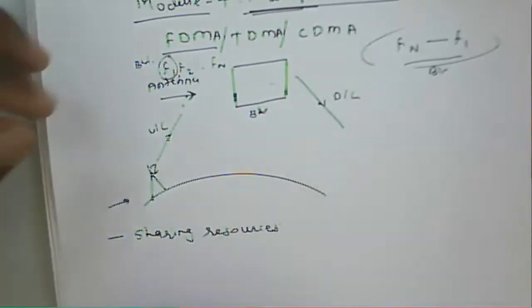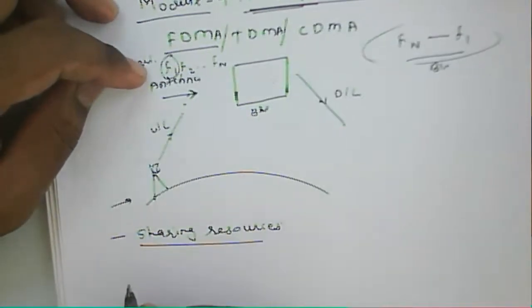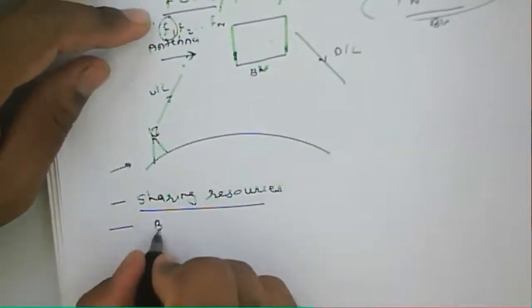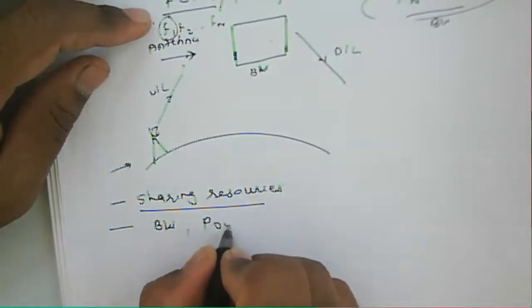Sharing a resource. Now how are these resources shared? Each and every channel has a limitation regarding the bandwidth as well as a limitation regarding the power.